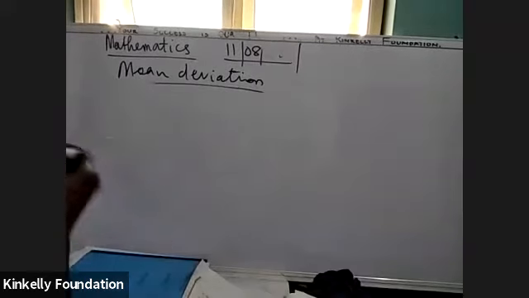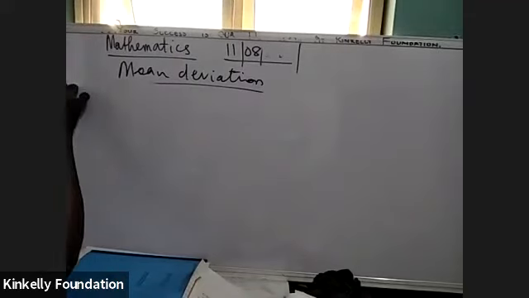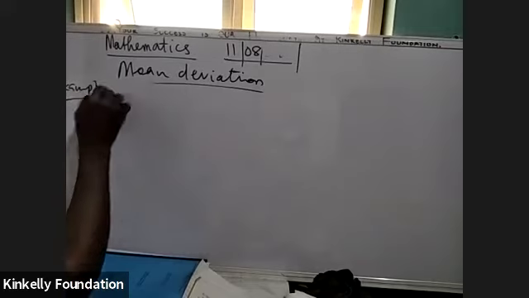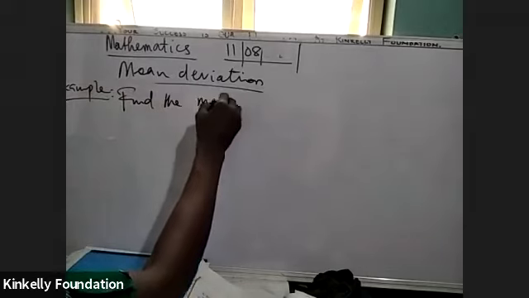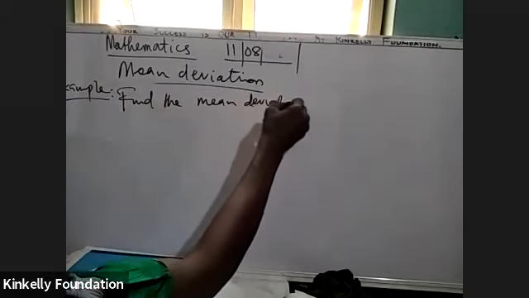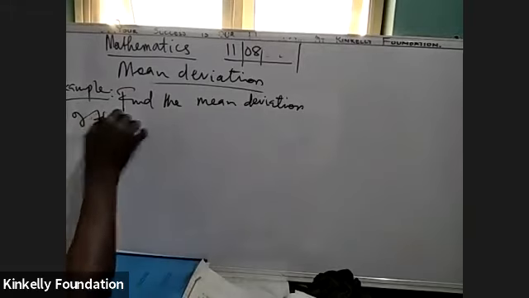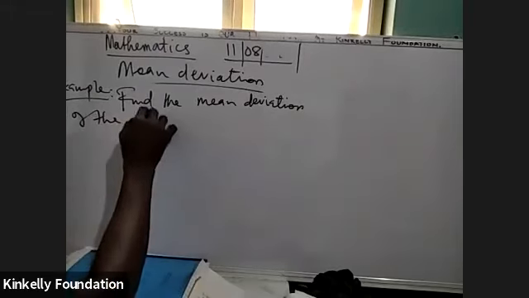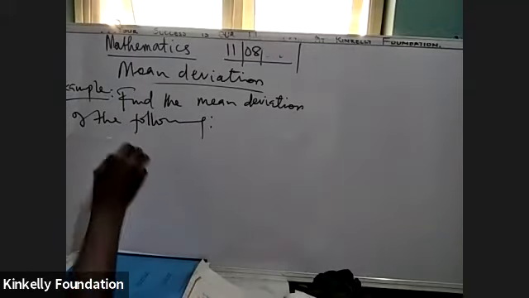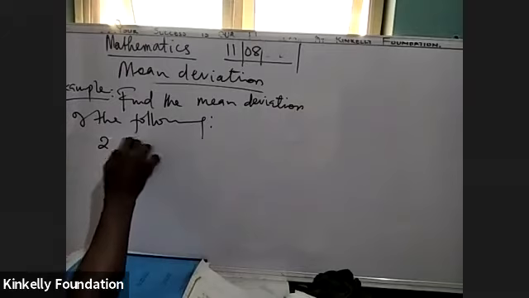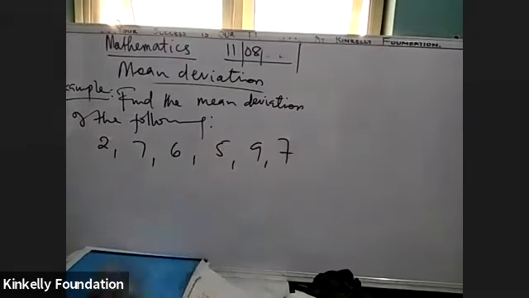Now, in our example, you are given a question like this. Find the mean deviation of the following: 2, 7, 6, 5, 9, and 7.